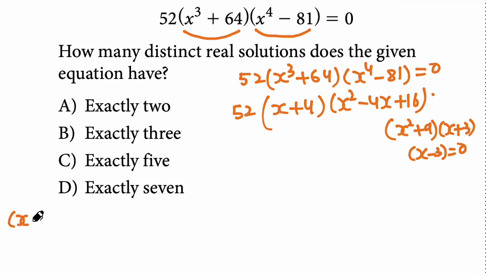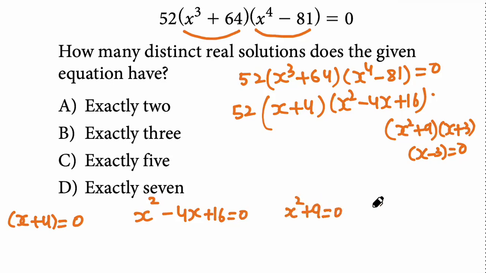Now first is x plus 4 is equal to 0. Second is x squared minus 4x plus 16 is equal to 0. This is x squared plus 9 is equal to 0. x plus 3 is equal to 0 and x minus 3 is equal to 0.